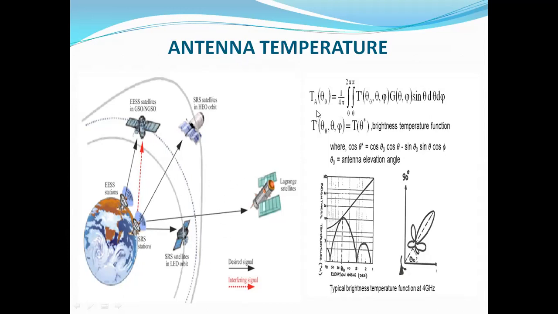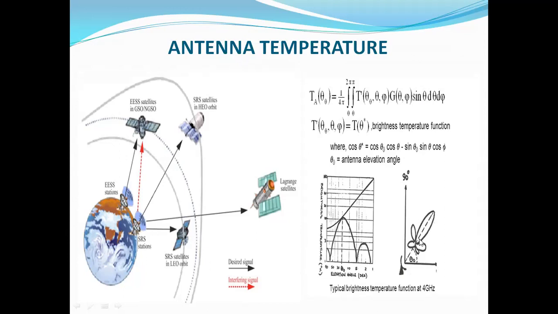As you know, the noise equivalent temperature of any antenna is given by 1 upon 4 pi, double integration, phi varies from 0 to 2 pi, and theta varies from 0 to pi, of the temperature function of theta phi, times the gain of the device, into sine theta d theta d phi.